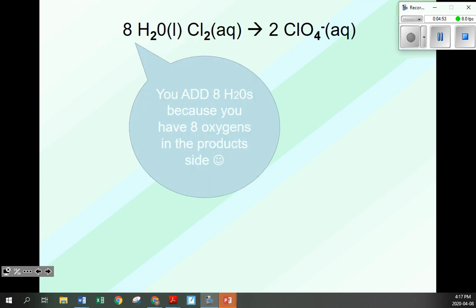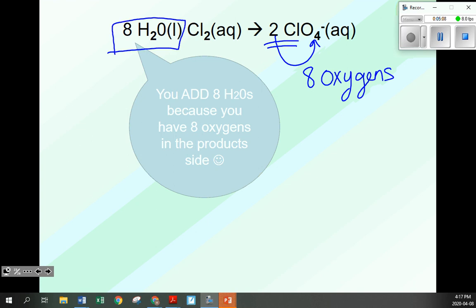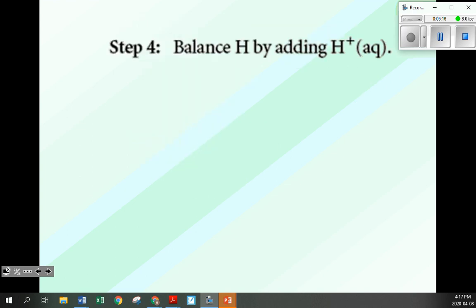So here we have, because we balanced our chlorines, now we have 8 oxygens. The only way we can add another 8 oxygens is we have to add 8 waters. I cannot put a coefficient of 8 anywhere, so I have to add 8 waters. Next step, balance hydrogens by adding H plus ions. So I have to add this in order to balance our hydrogens.